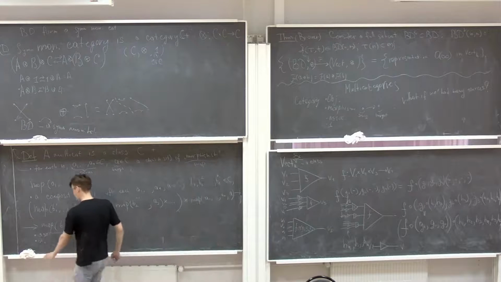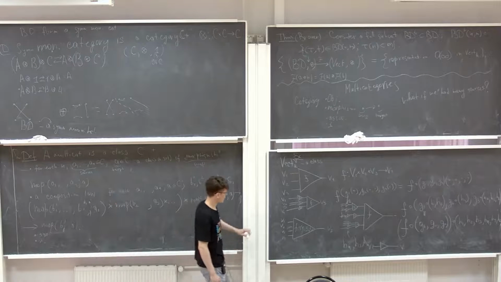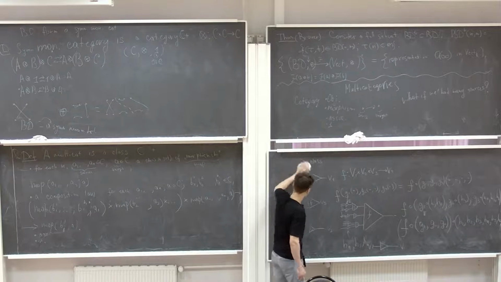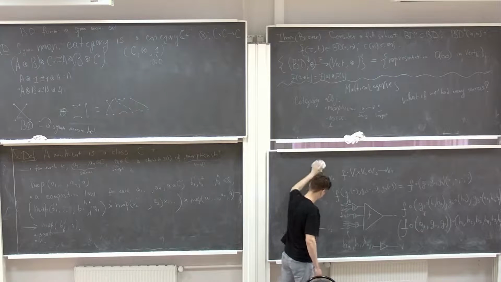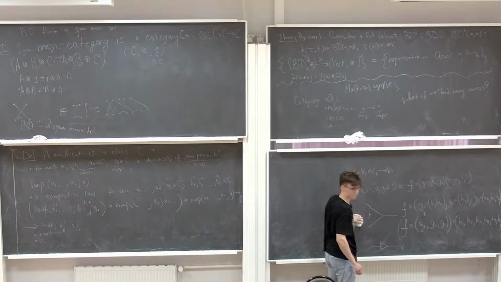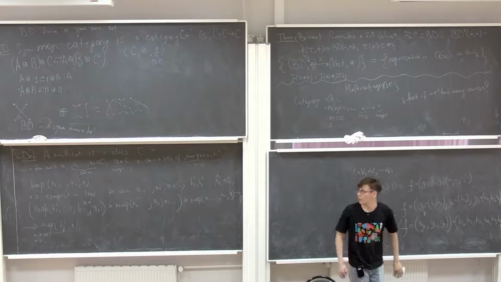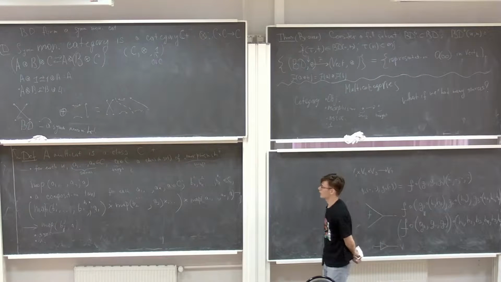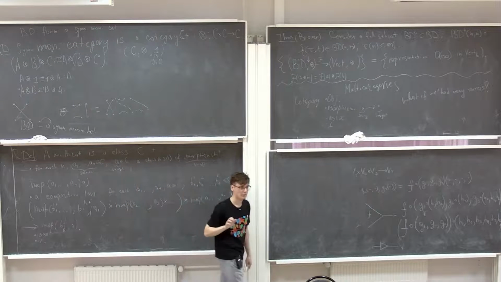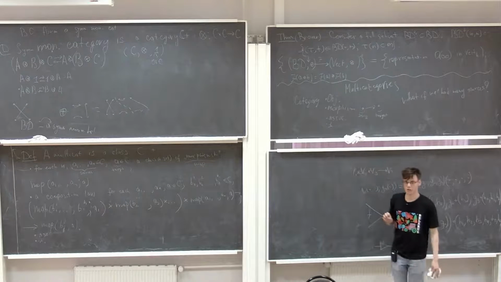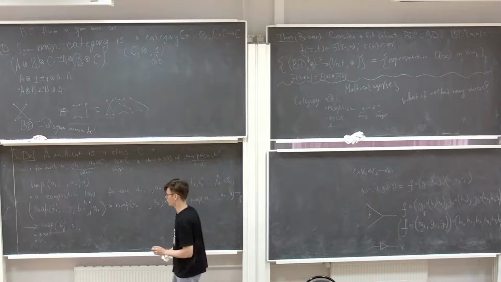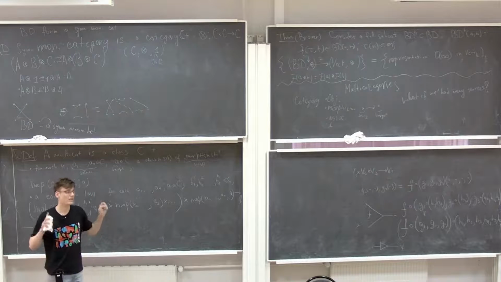Okay. Let me give some other examples of multi-categories. Well, I don't consider the morphisms of a category, I just consider its objects. That's multimorphisms.